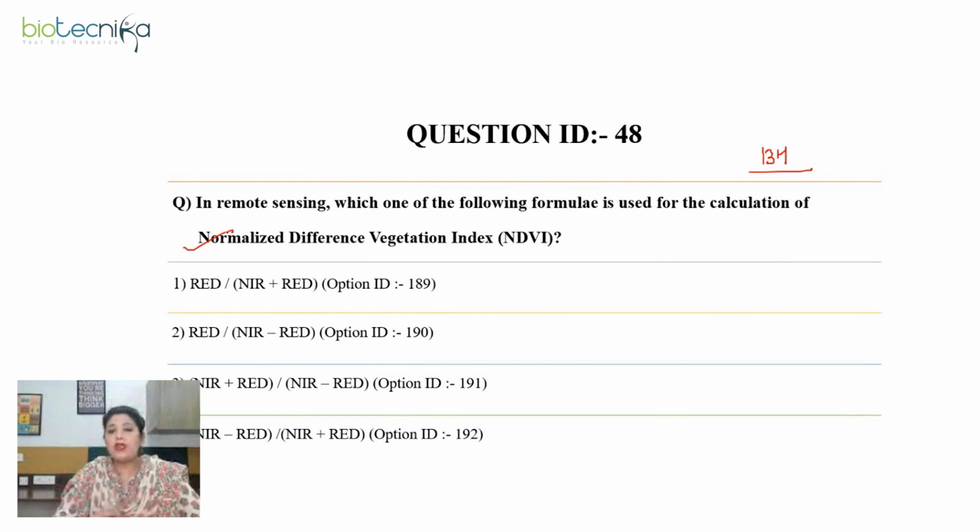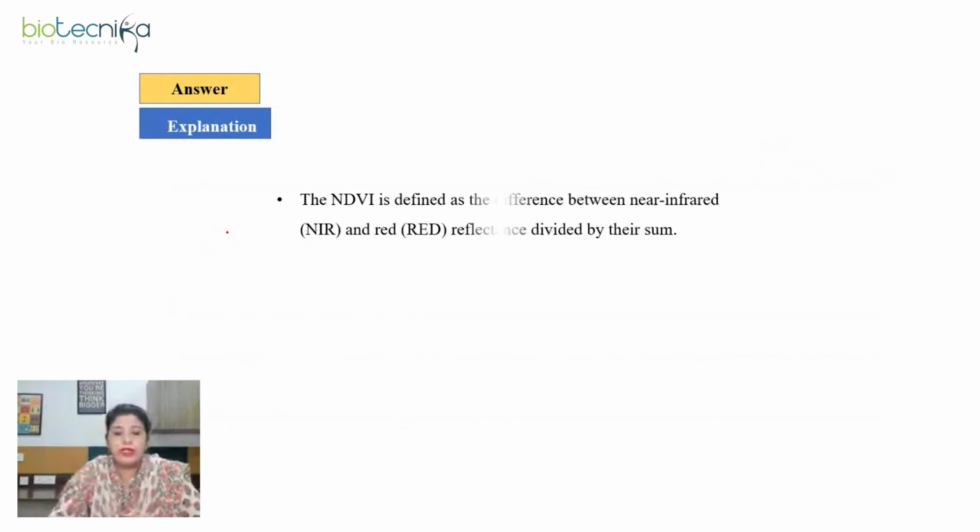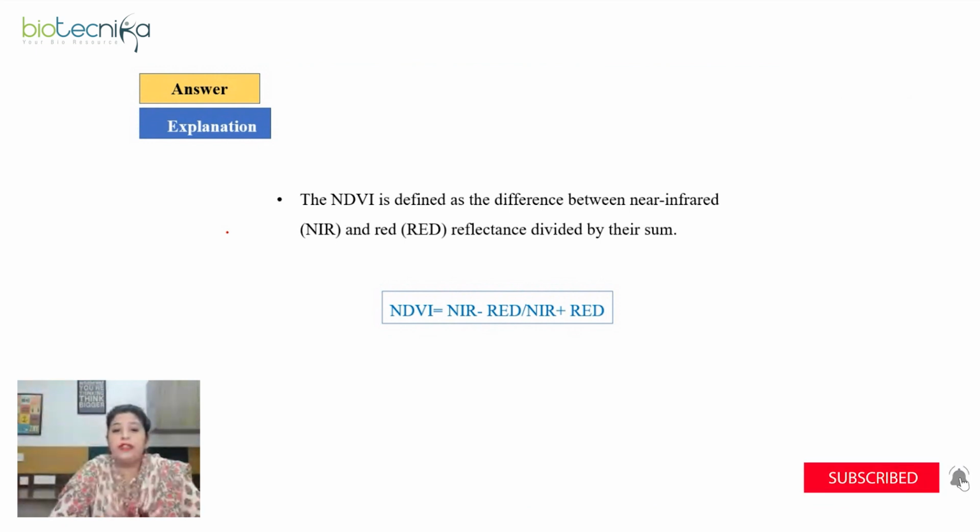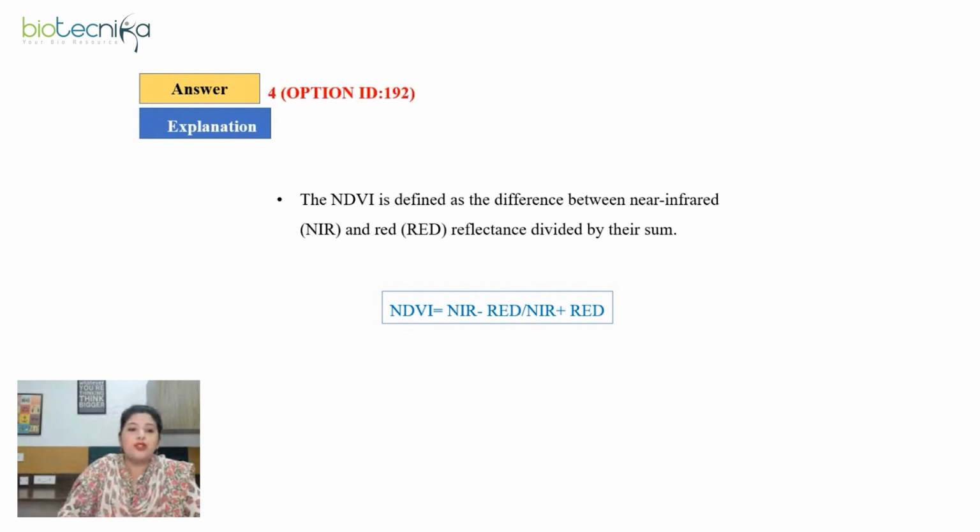Here you have to simply recall the formula for NDVI. The correct formula is that NDVI is the difference between near infrared and red reflectance divided by their sum. So therefore, answer here is option 4.